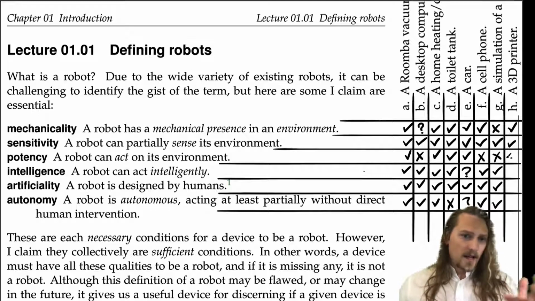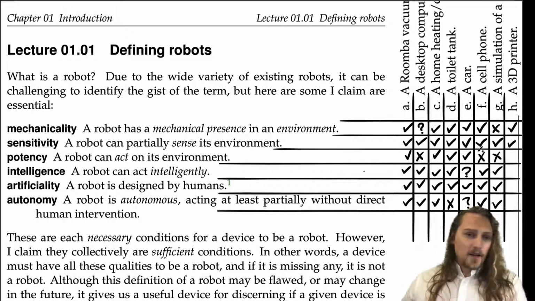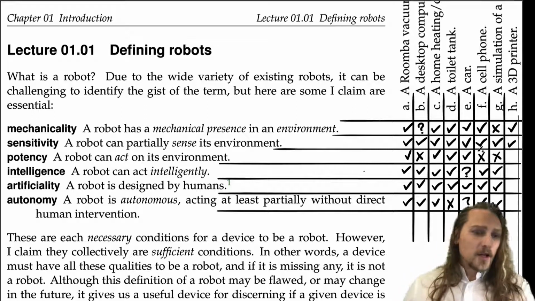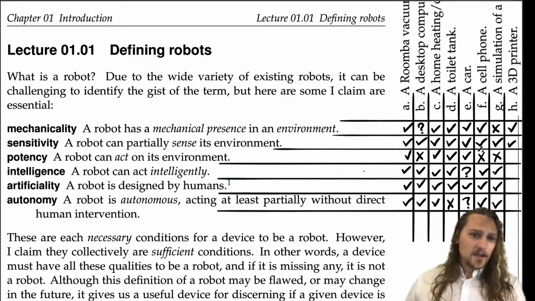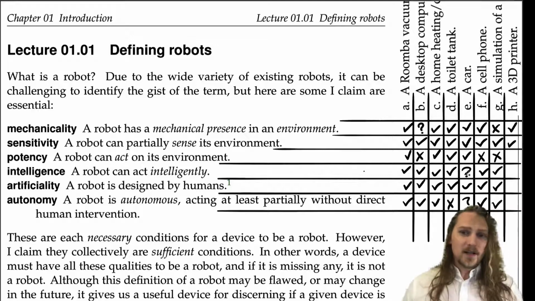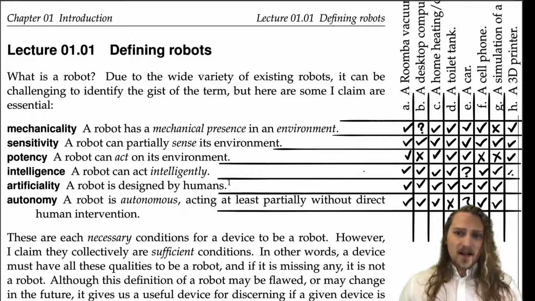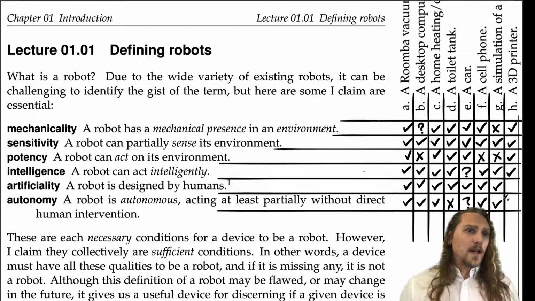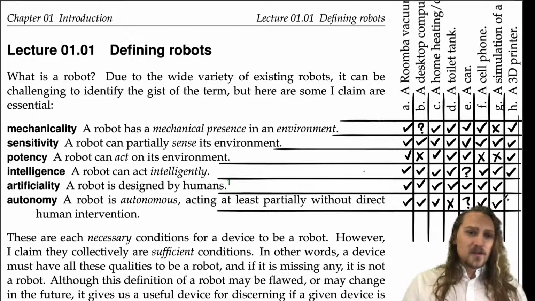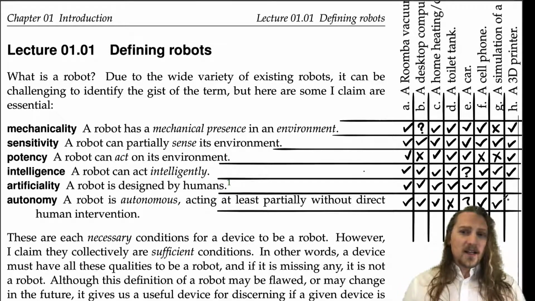Potency. Oh, it can certainly act on its environment. It can take hardened plastic, solid plastic, and turn it into a different shape by heating it up and moving around. So yeah, it can certainly act on its environment. Acts intelligently, yeah. I mean, it reacts to sensor values to do something. It's minimally so.